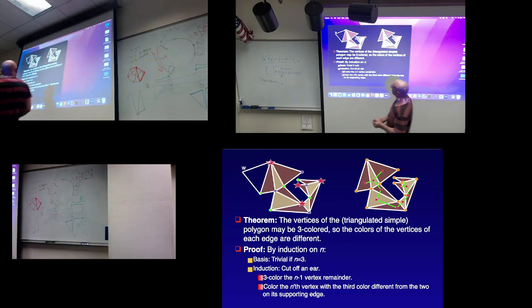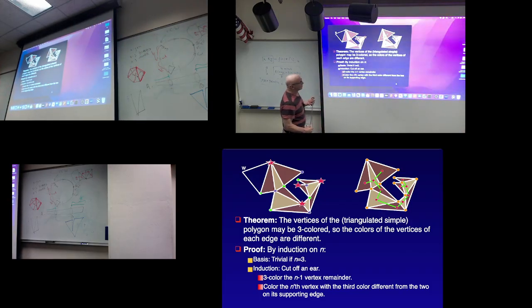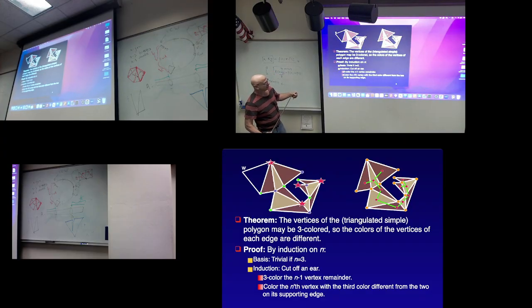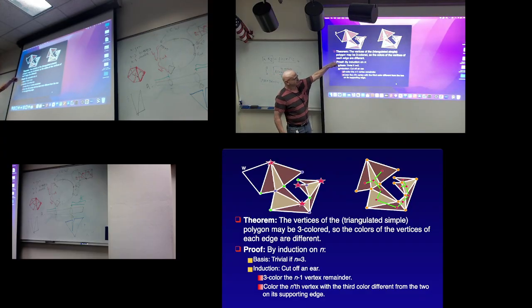So, the vertices of a triangulated polygon could be colored using three colors. Every vertex will get a color of red, blue, or green, in a way that each and every triangle has one vertex from each color.